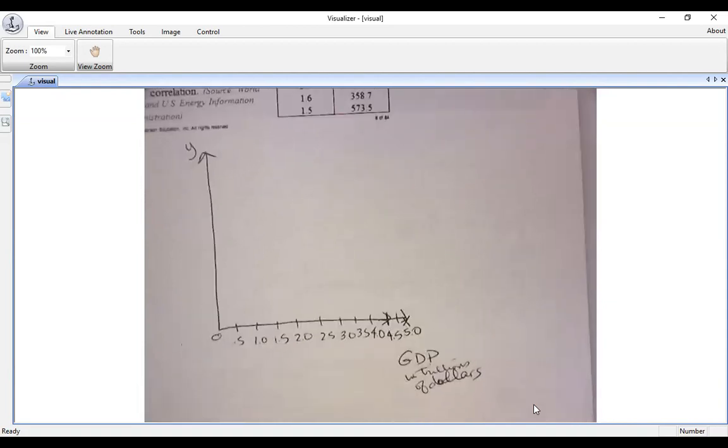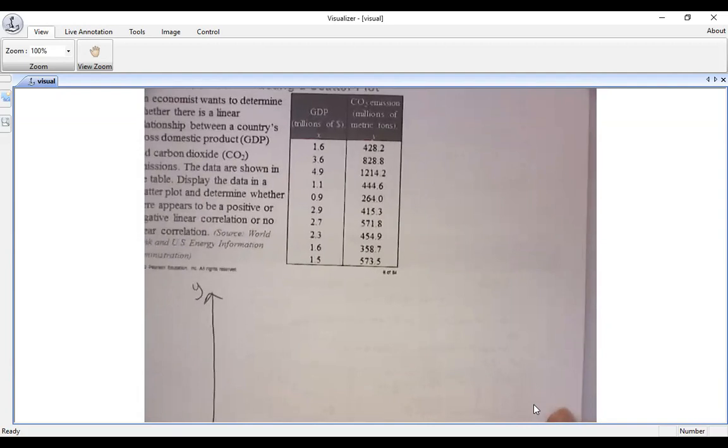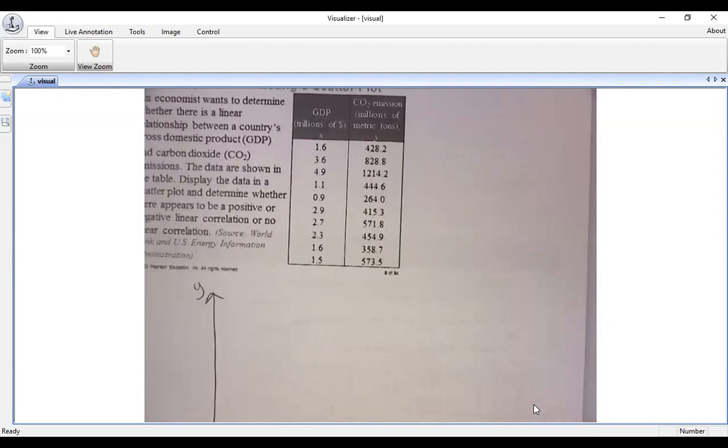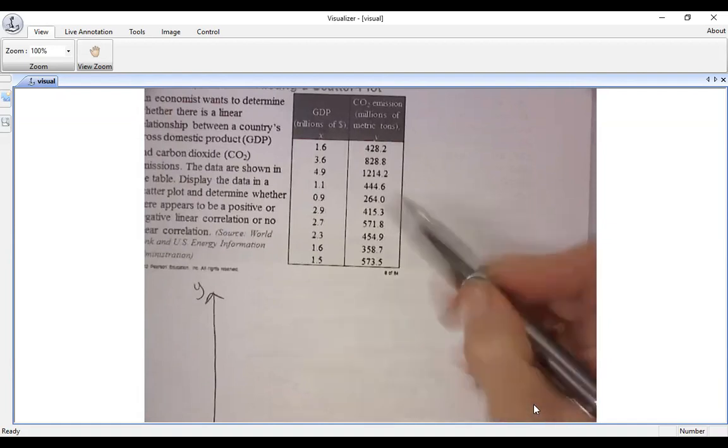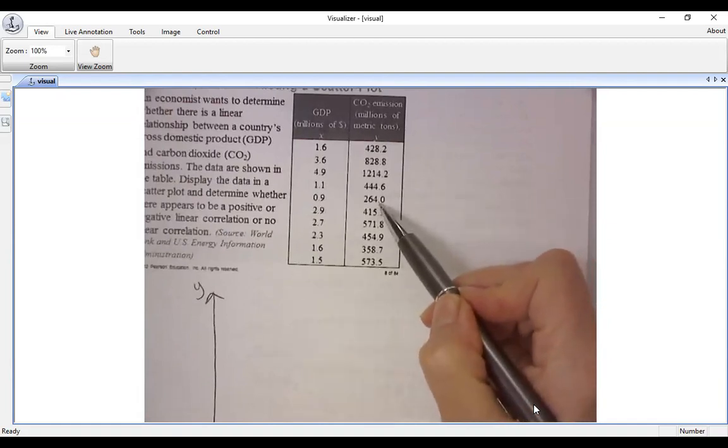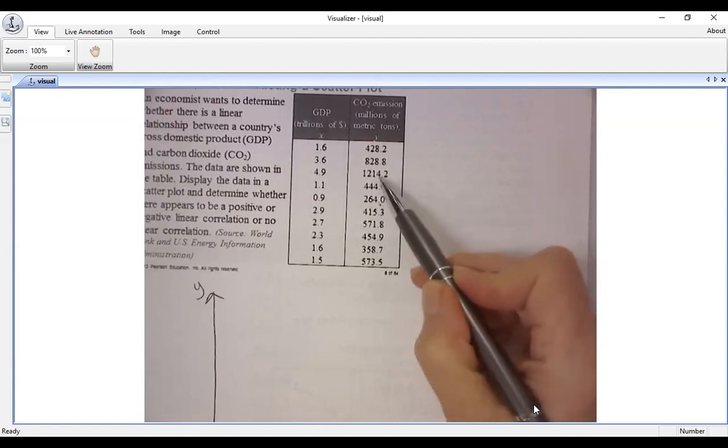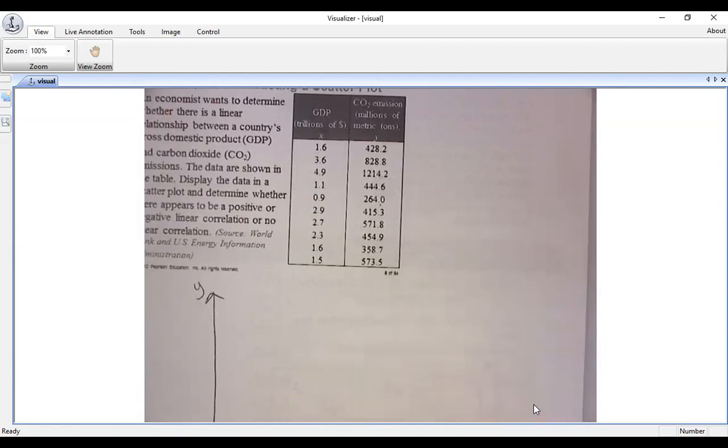Now, my y-axis, if I look at the numbers in the table, I don't think I want to count by 0.5s. Do you? Because the smallest number here is what? I think it's 264. What's the biggest one? 1214.2. Okay, these numbers look nothing like the x's. So I've got to have a completely different scale for the y's.